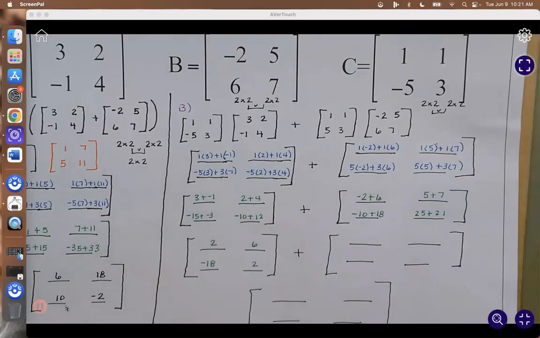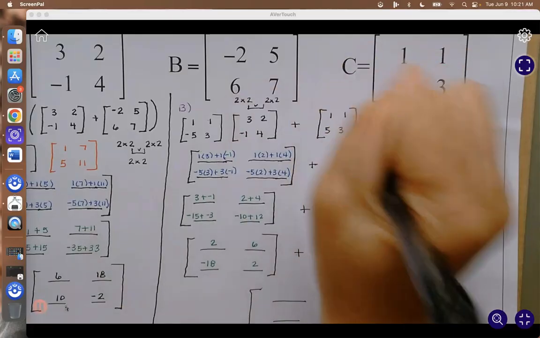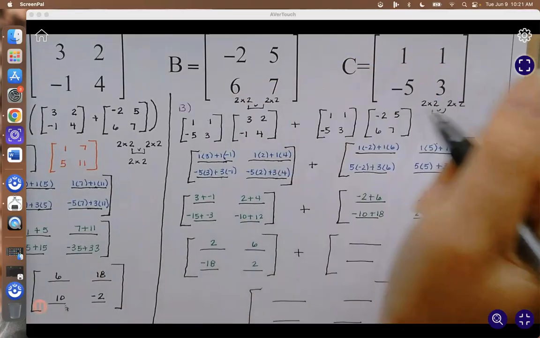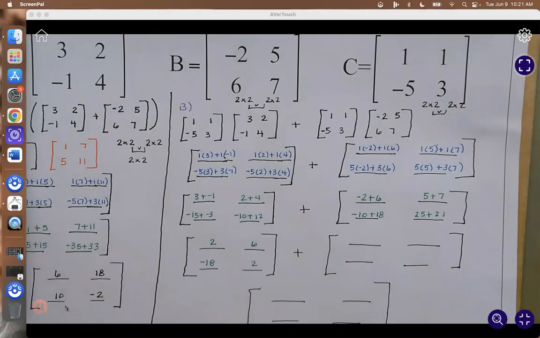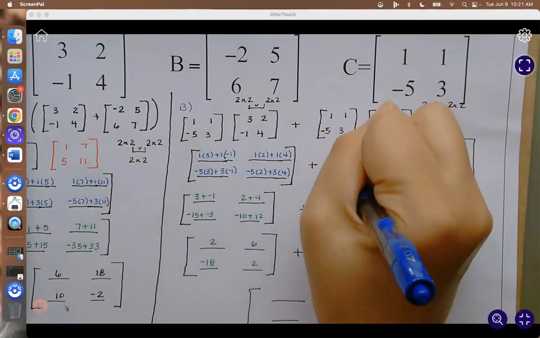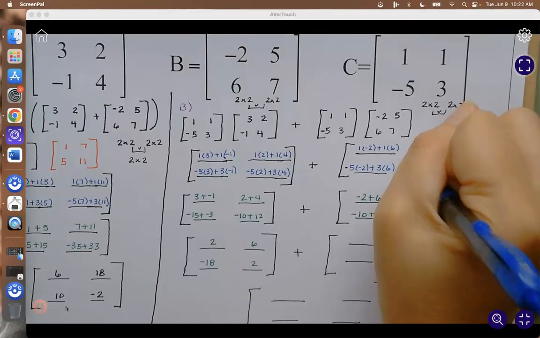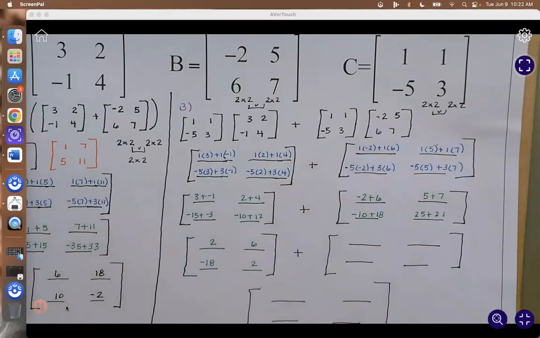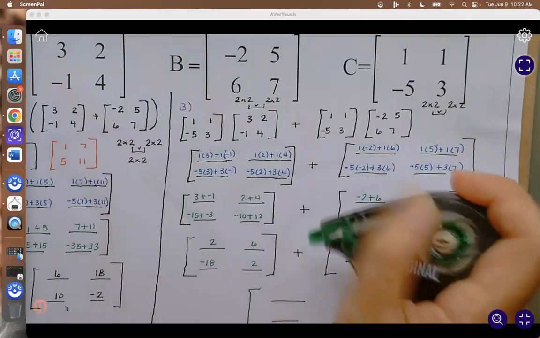So this is going to be negative 2 plus 6, 5 plus 7, negative 10 plus 18, and 25 plus 21. There should have been a negative somewhere. Oh no, there's a negative on this 5. There should have been a negative here and here. So that's actually a positive 10.